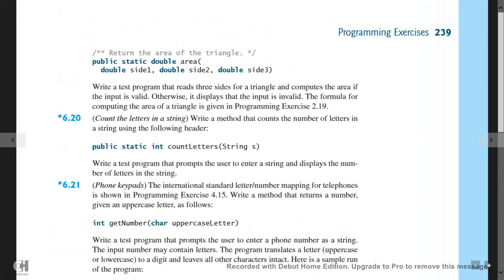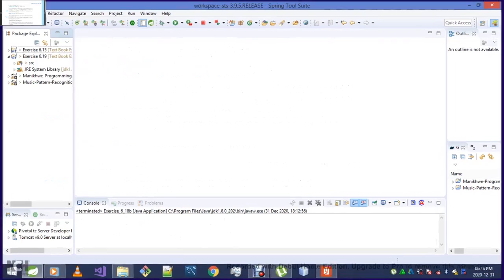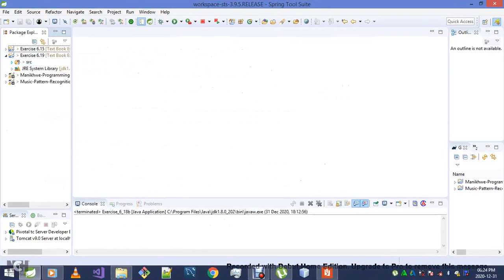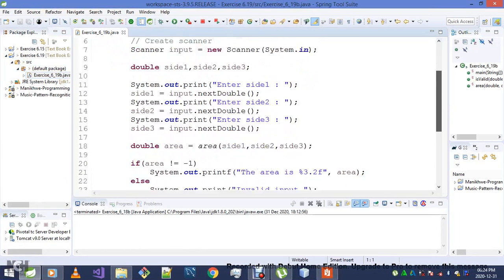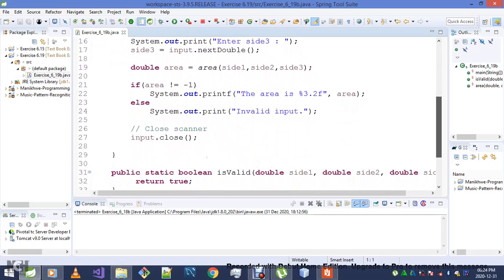Write a test program that reads the three sides of a triangle and computes the area if the input is valid. Otherwise, it displays that the input is invalid. The formula for computing the area of a triangle is given in that exercise. Luckily, I've seen that exercise and I'll use it straight away.